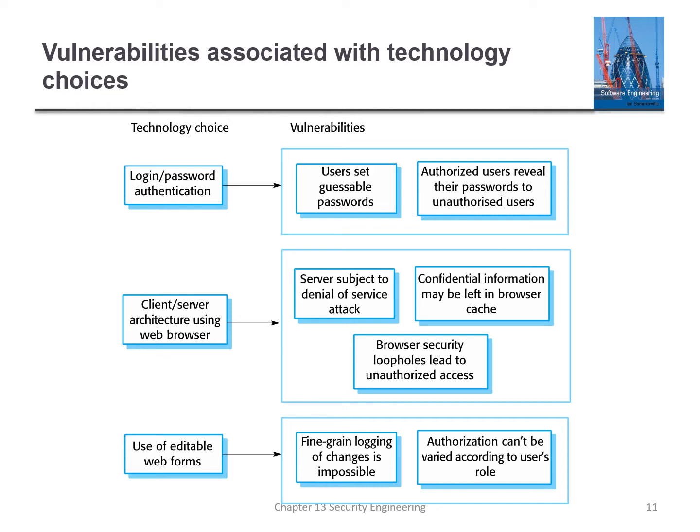Okay, and then because this is a client-server kind of system, this is related to architecture, right? So some possible vulnerabilities that can happen are denial of service to the server, and some of the confidential information being cached in the browser.